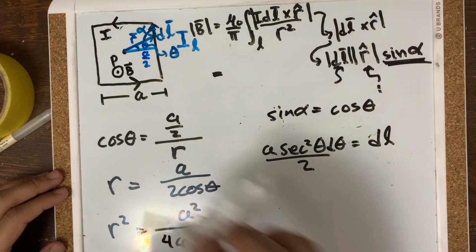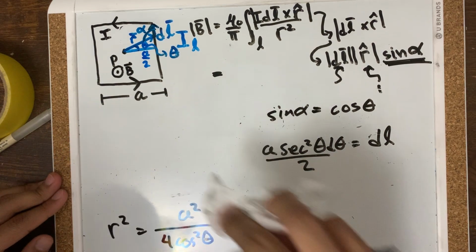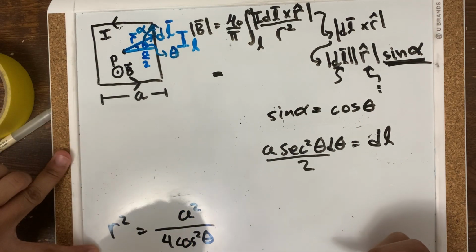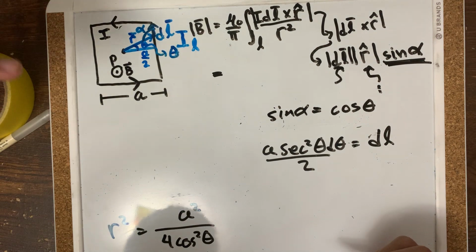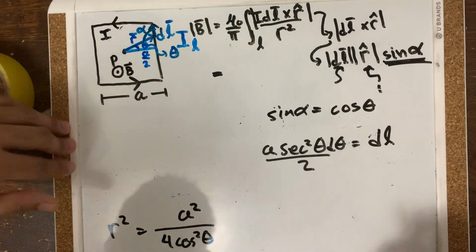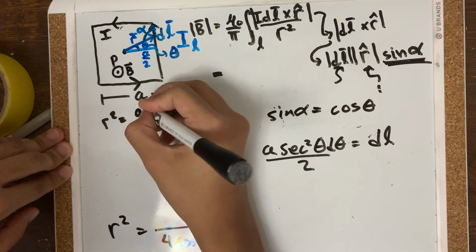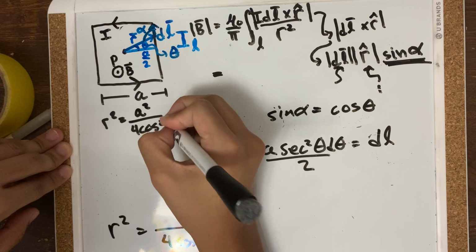So we found all of our components in our Biot-Savart equation in terms of theta. That means now we can do our integral. Actually, we do have to find our upper and lower bounds of integration first. So let me just write this down on top. A squared over 4 cosine squared theta.